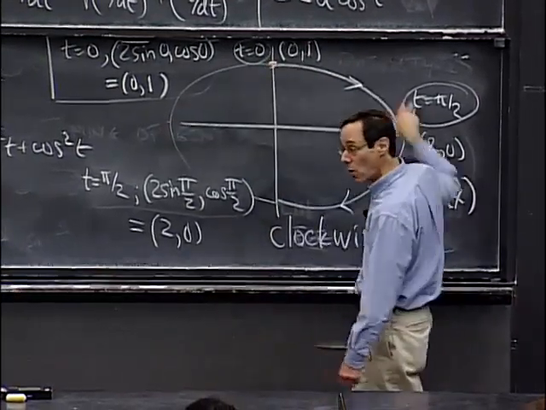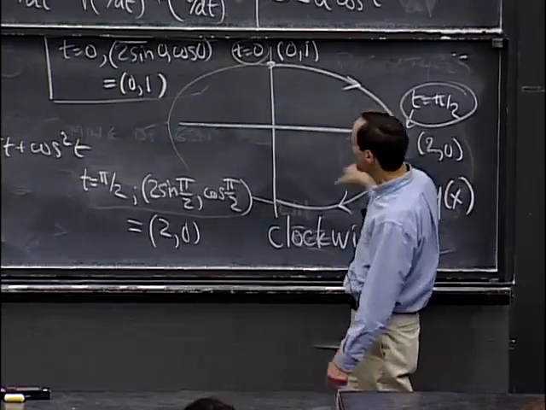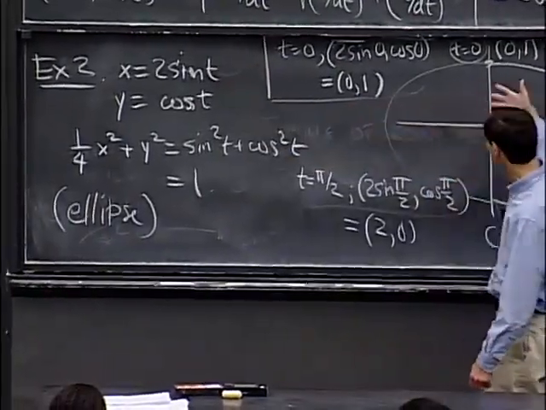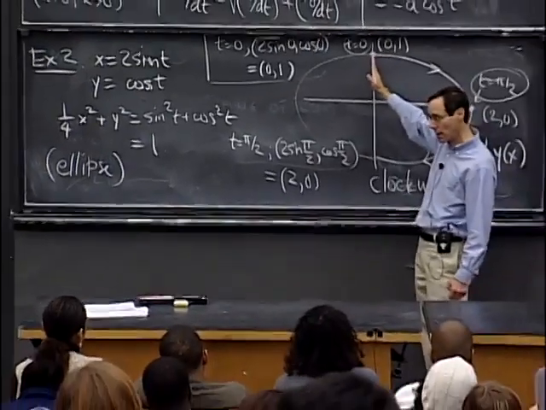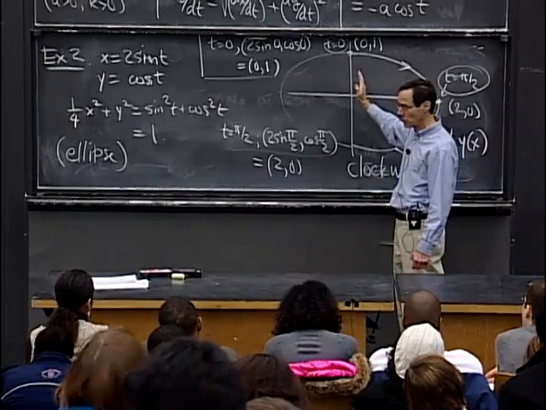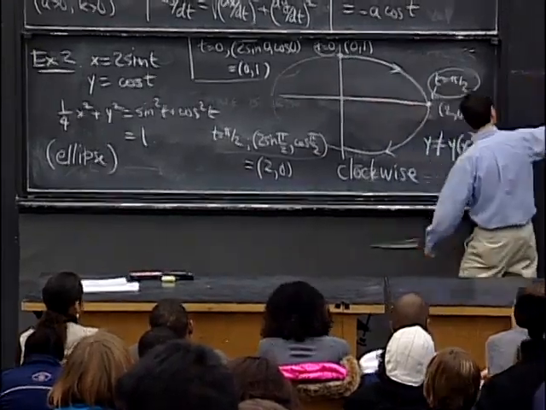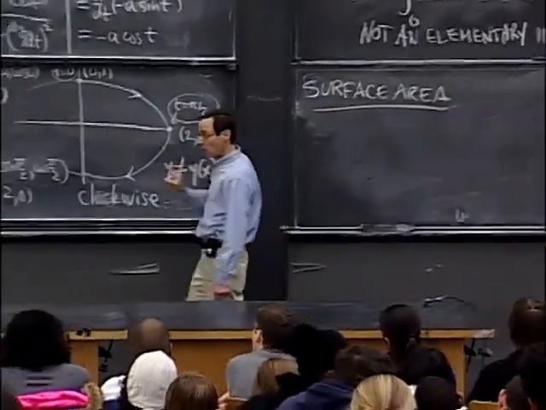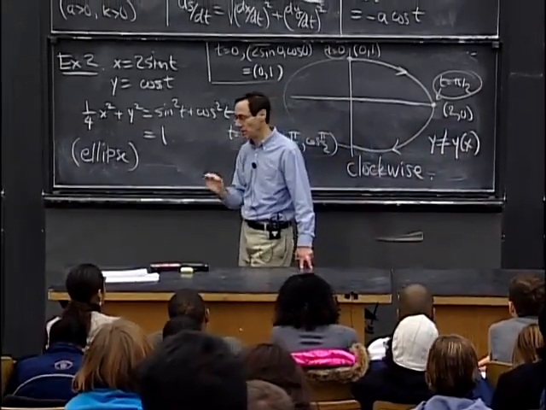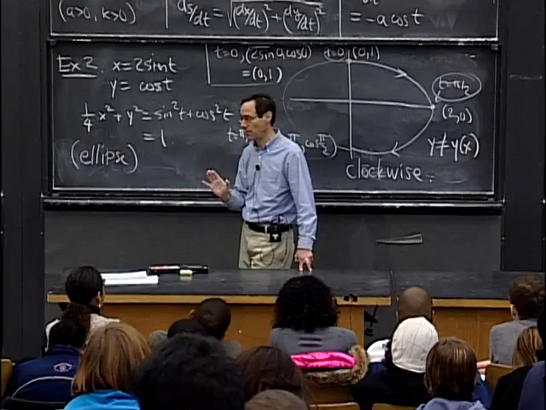And this is 2 pi. When you go all the way around once, it's going to come back to itself. These are periodic functions of period 2 pi, and they come back to themselves exactly at 2 pi. So that's why we know in order to get around once, we need to go from 0 to 2 pi. The same thing is going to come up with surface area right now. That's going to be the issue, what range of t we're going to need when we compute the surface area.